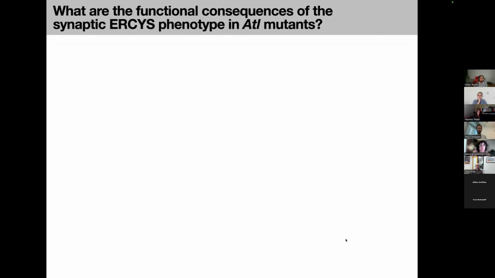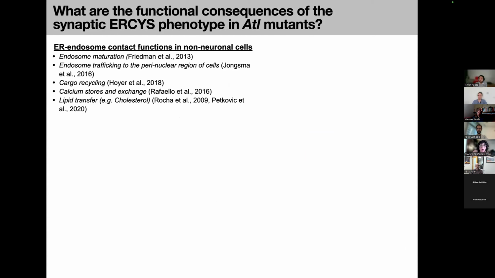Just to end real quickly, we're really interested in understanding how this impacts synaptic function. Like I mentioned early in my talk, I'm really interested in understanding how the ER regulates neuronal endosomes, because we know from non-neuronal cells that ER-endosome interactions have many different functions.